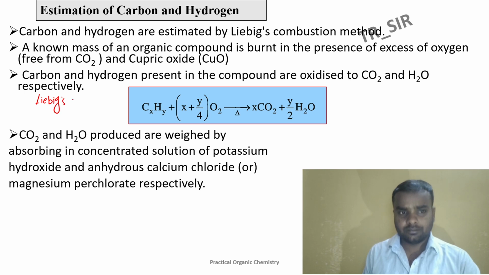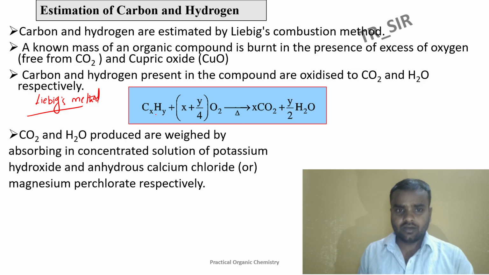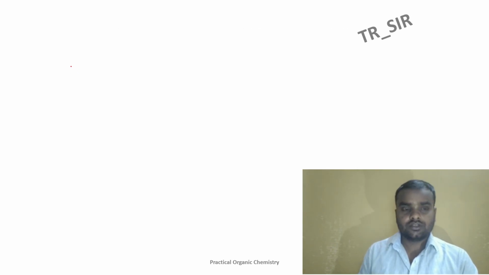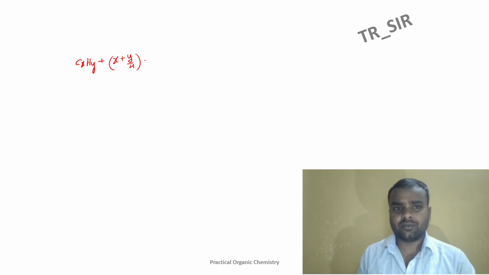In Liebig's method, generally we will take an unknown hydrocarbon. For example, CxHy plus (x plus y by 4) O2 gives rise to x CO2 gas plus y by 2 H2O liquid.